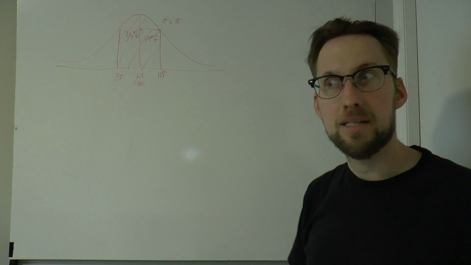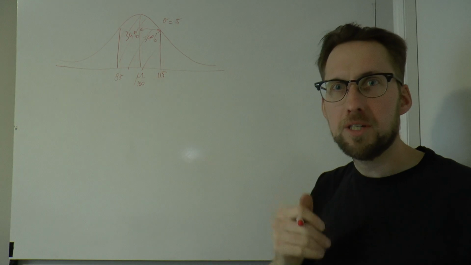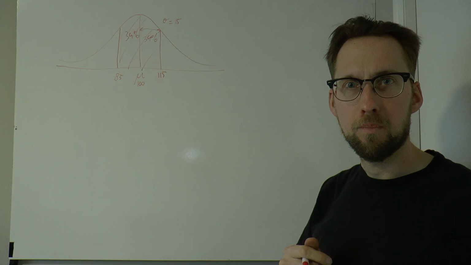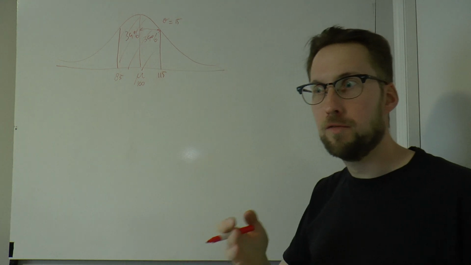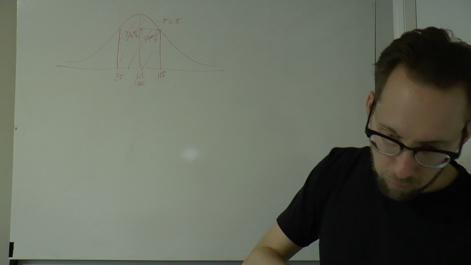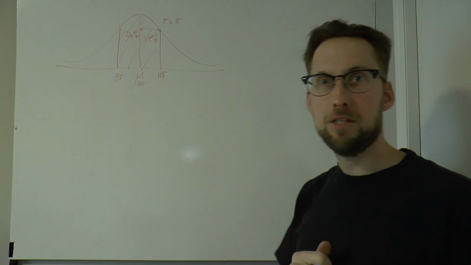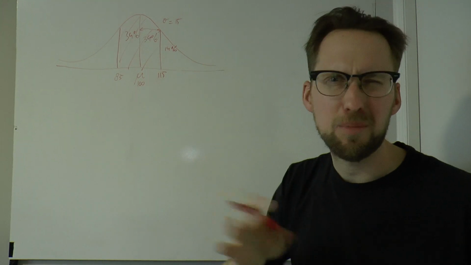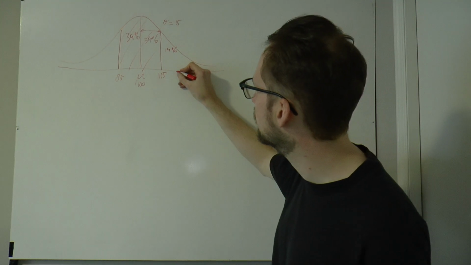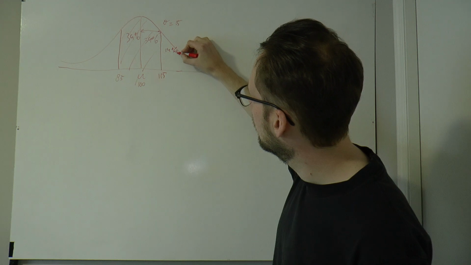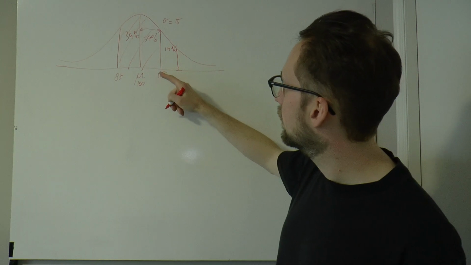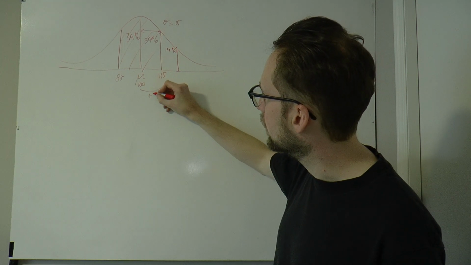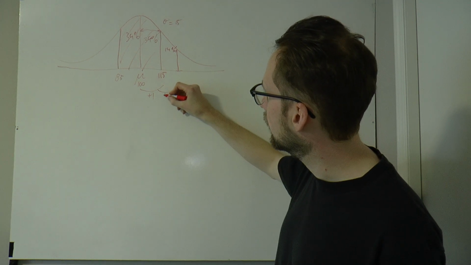And I can extend this. Approximately 14% of observations falls between plus 1 and plus 2 standard deviations. 14% and a couple of decimals, 13 point something, doesn't really matter, I'm just going to round it. Okay, well, this is plus 1, and this is another plus 1.